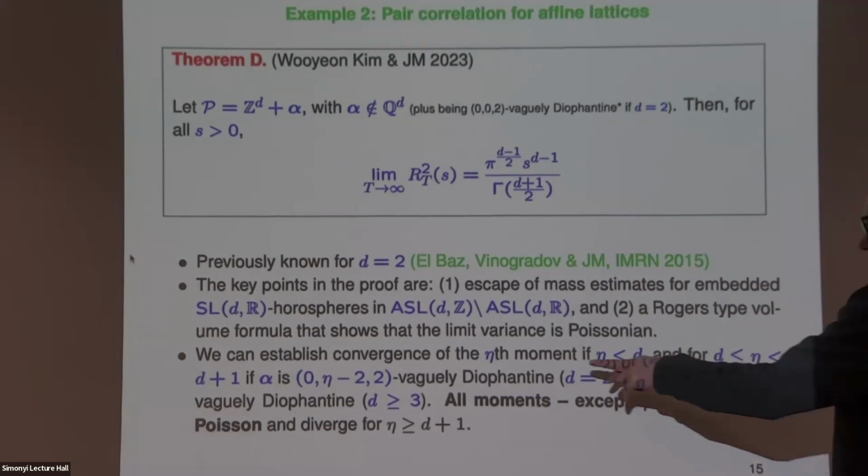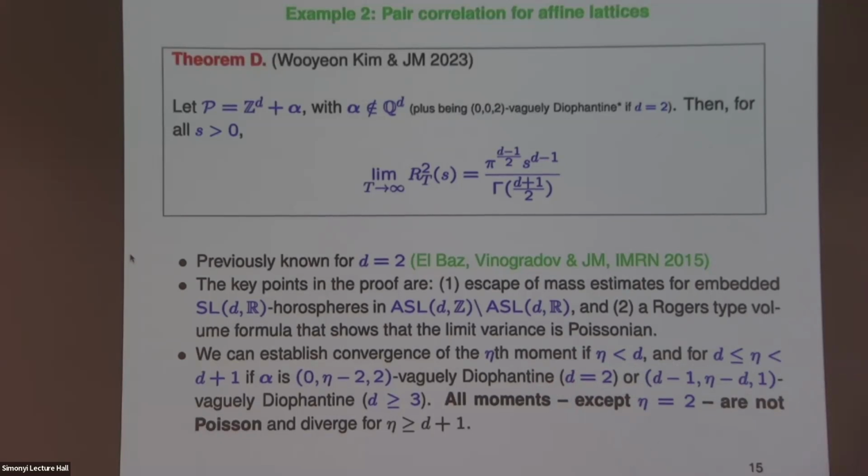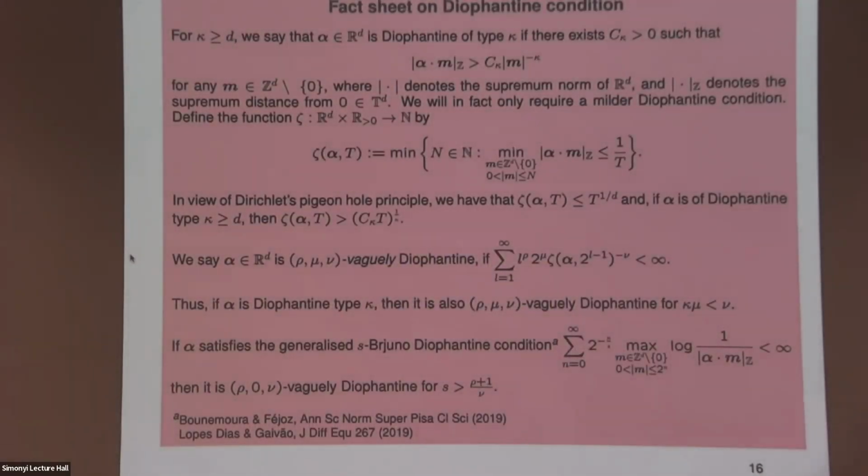We can also prove convergence of higher moments, provided, of course, that they're not so large that you are in the regime where your limiting moment diverges. Here I've just written down the Diophantine condition that we need for the moments. I won't go through it, you can just stare at it.